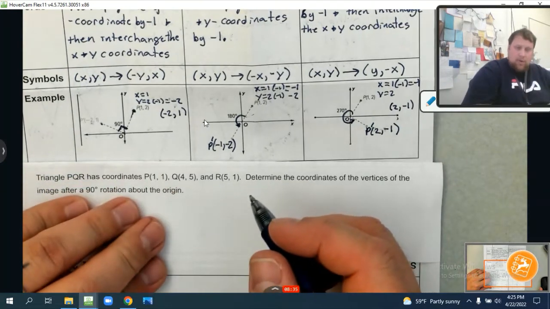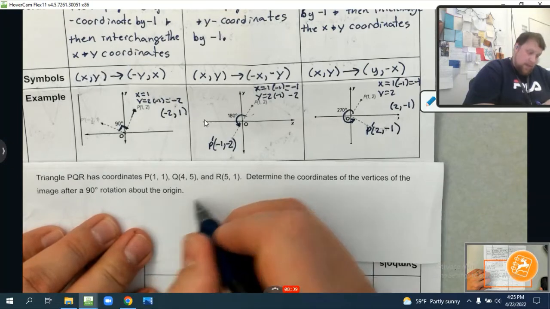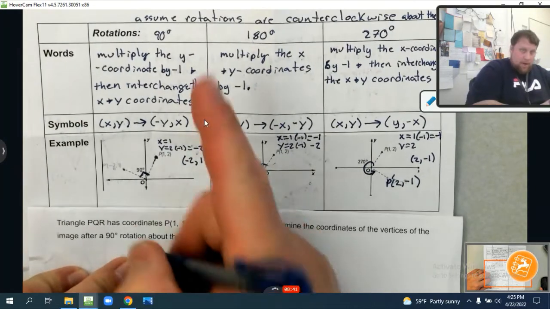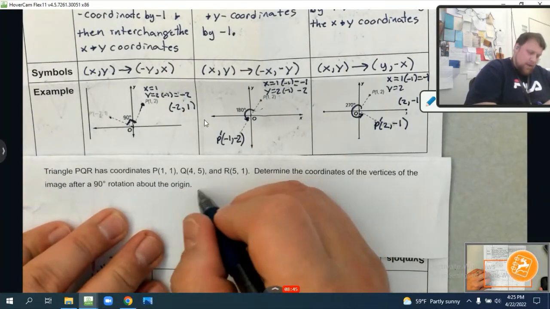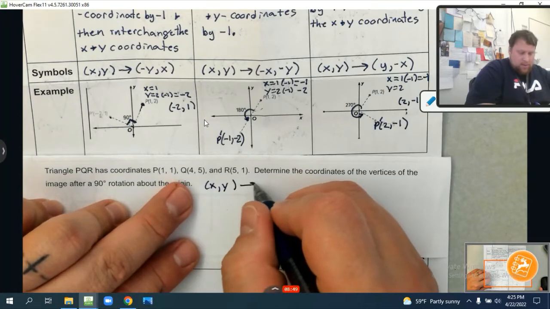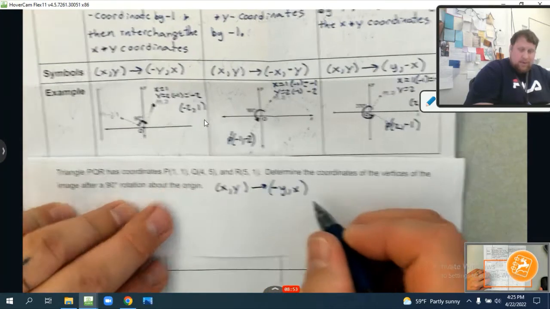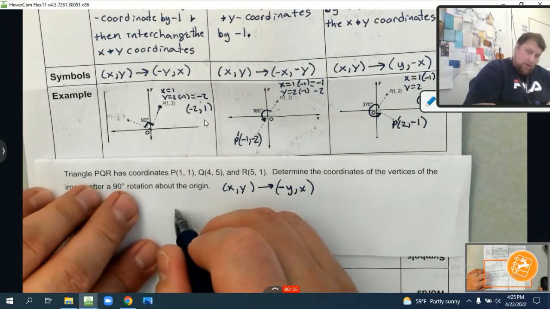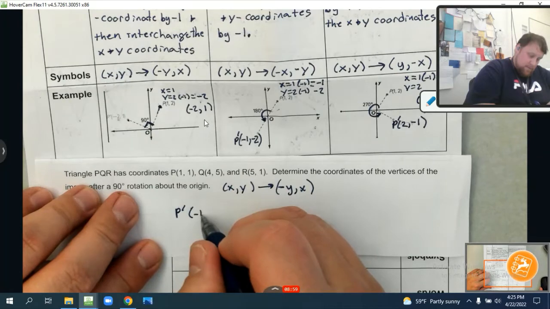So what does a 90-degree rotation tell us to do? It says that if you look up here, 90-degree rotation, (x, y) goes to (-y, x). So let's write that down. (x, y) goes to (-y, x). So here's all I'm going to do. My new P' point is (-1, 1).